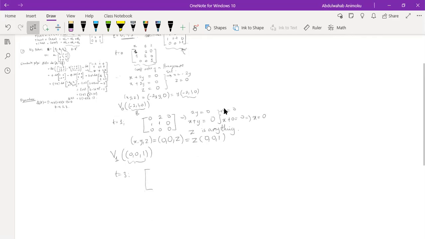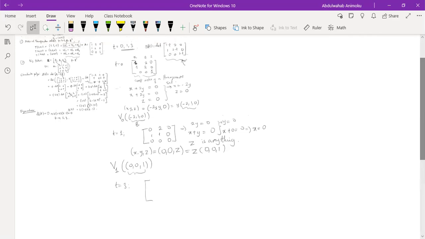That is 1 minus 3, which is minus 2, 2, 0. 1, 2 minus 3, that's minus 1, 0. And the last one is 0, 0, 1 minus 3, that is minus 2. Okay, so we have this.